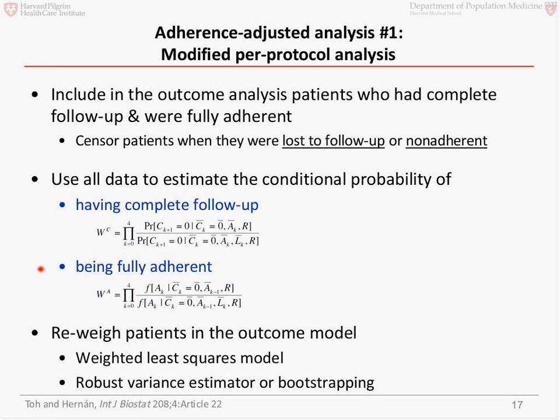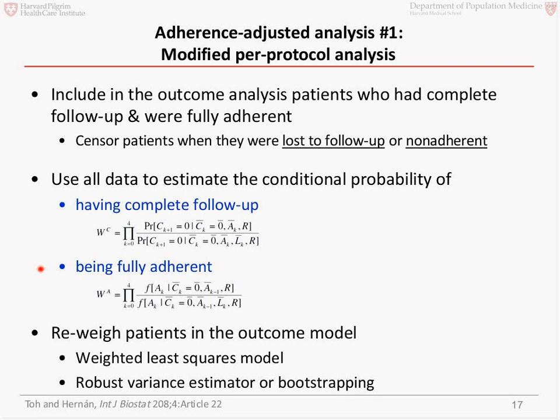What this means is that in your analysis, this patient would be representing himself plus additional people who had similar characteristics to that patient, but were censored because they were either lost to follow-up or became non-adherent. So we use that patient to get the outcome information for 4 additional patients, under assumptions that we are going to talk about at the end of this presentation.